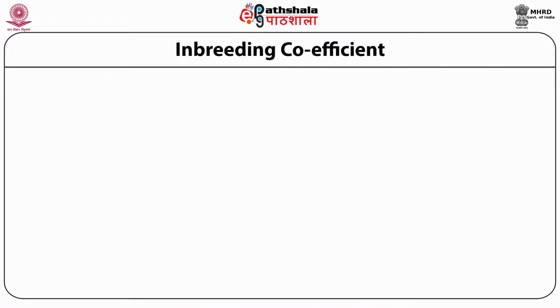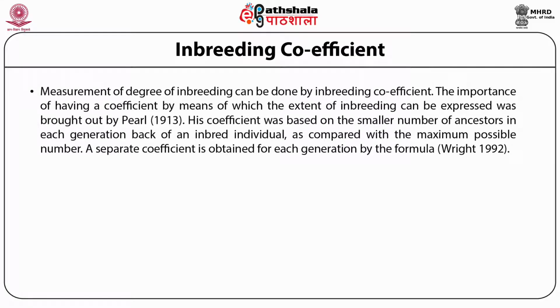Inbreeding coefficient. The measurement of the degree of inbreeding can be done by the inbreeding coefficient. In 1913, Pearl gave a formula for computation of the inbreeding coefficient for each generation.